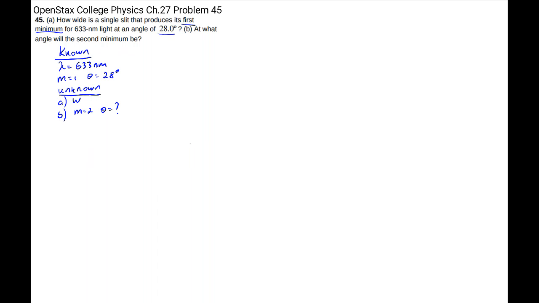So let's draw the diagram here so that we remember what exactly it is we're doing. Here we have a single slit, and on a screen we're going to see a diffraction pattern that looks somewhat like this. So this here is the single slit. This would be the first diffraction maximum, first minimum, second maximum, second minimum, and so on. So we can label some of these things.